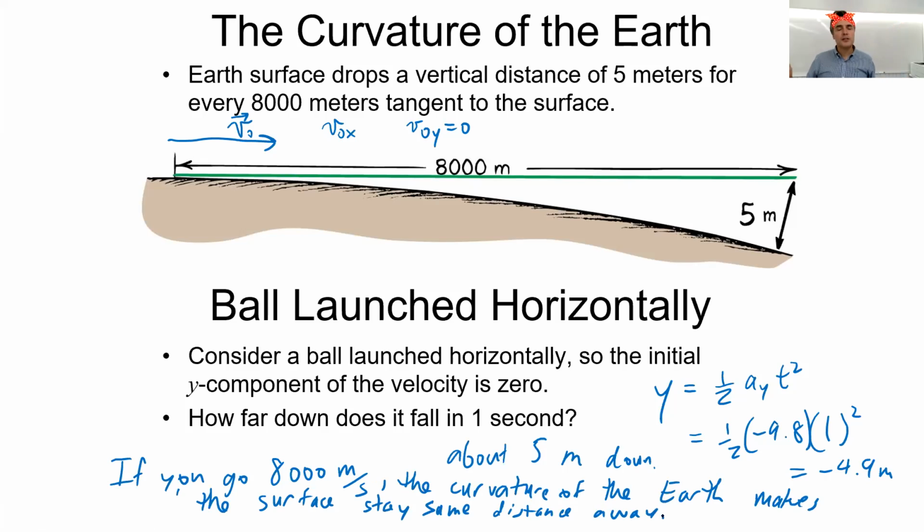Can you imagine that? So you're dropping down 5 meters, but the surface has dropped down 5 meters. So you're now no closer to the surface than you were 8,000 meters ago. And if you continue at that same speed, the surface will keep dropping and you will keep dropping, and you'll stay the same distance above the surface. That is what is called an orbit.